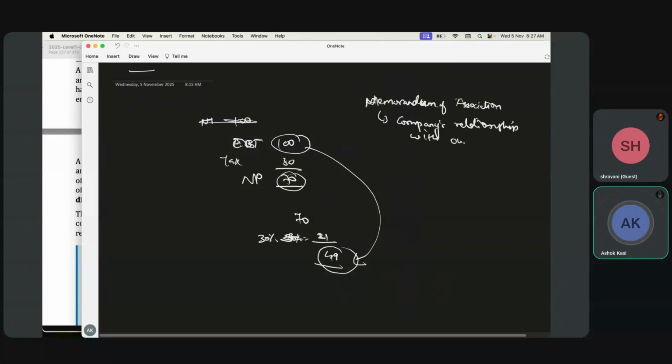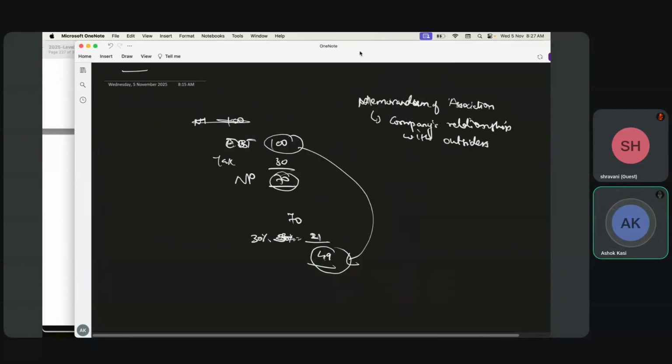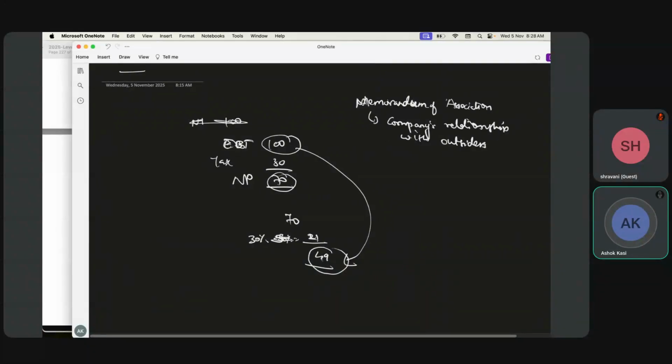That means what sort of company it is, what they deal with, what their vision is, where their office is headquartered, and what sort of business they are doing. All those details will be mentioned here.